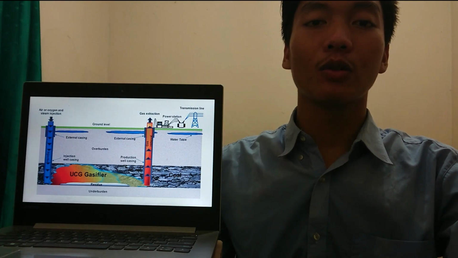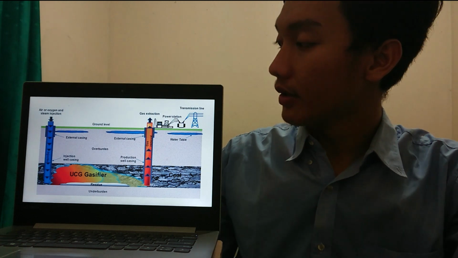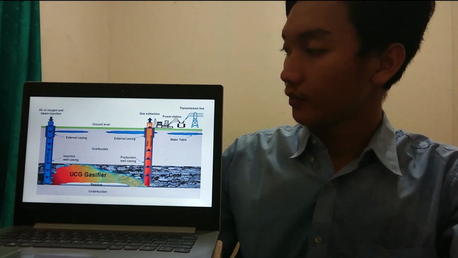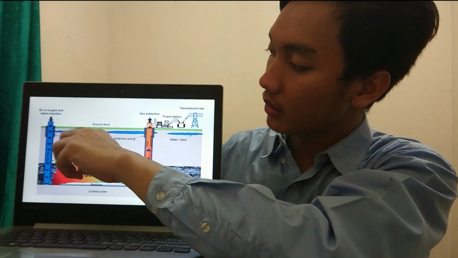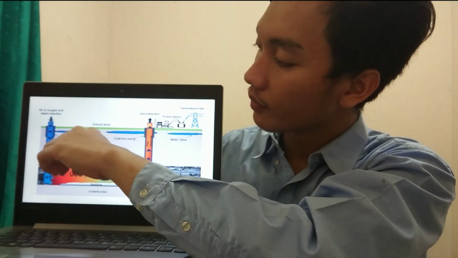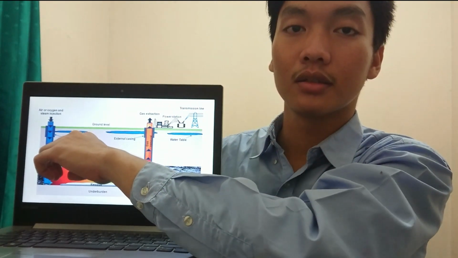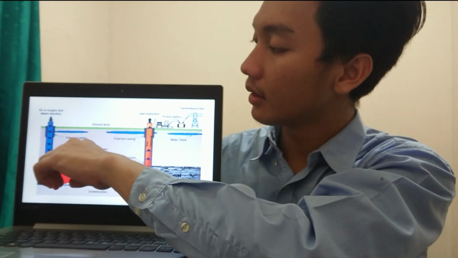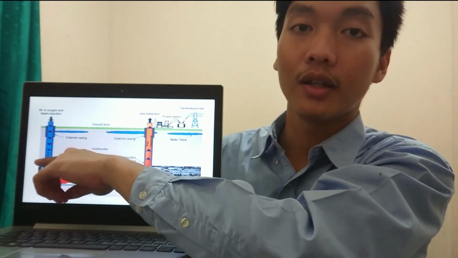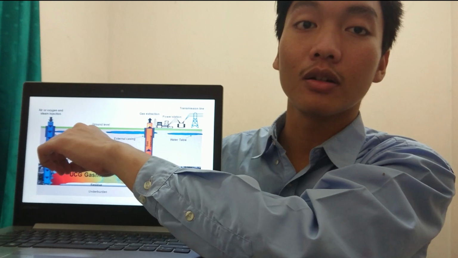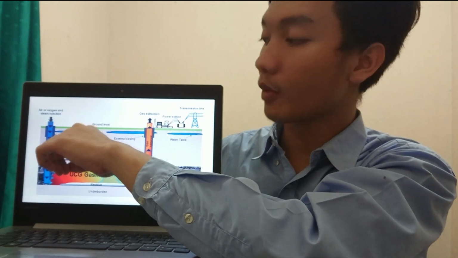Process of the underground coal gasification method in situ. The injection well is used to supply air, oxygen, and steam to inject and trigger the underground gasification process.